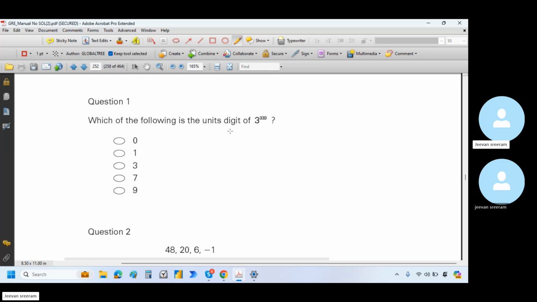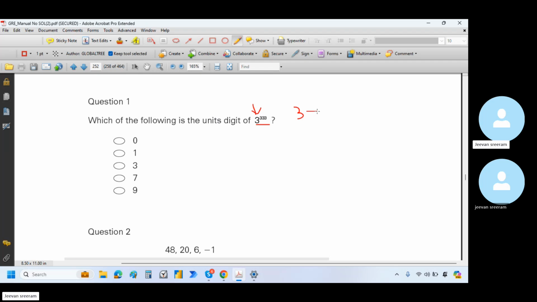Which of the following is the units digit of 3 power 333? To find the units digit, it is always necessary to find the periodicity of the base. Periodicity means how many times in its power the particular number gives repeated units digits.